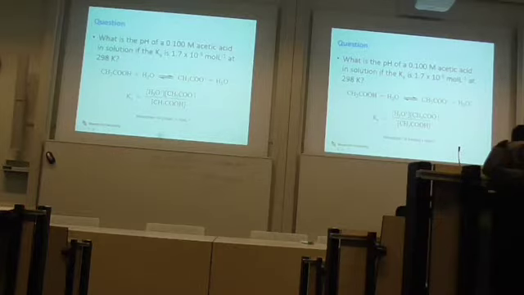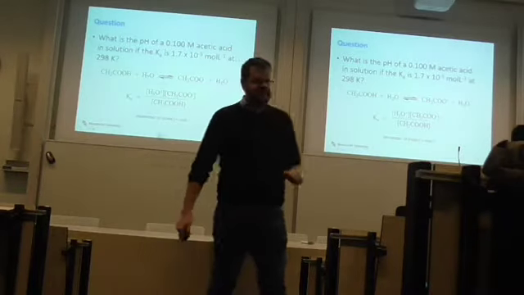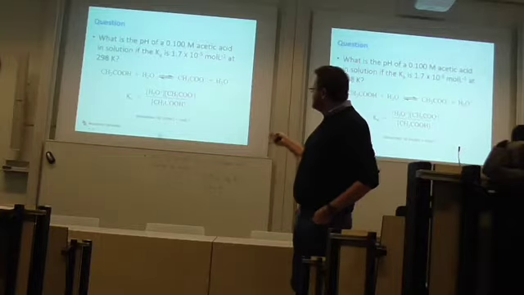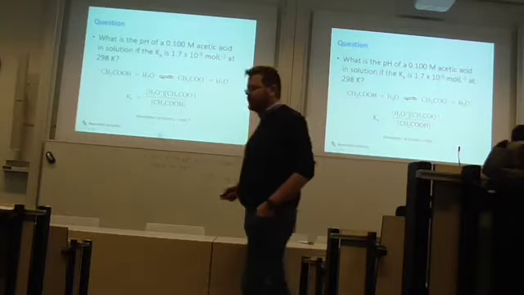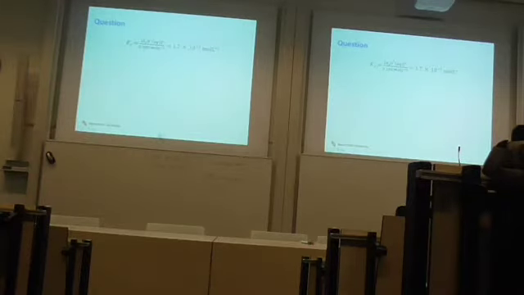Now, we fudge things a bit and say the concentration of the acetic acid is going to be approximately 0.1. And so you get this expression here. Remember, we want to get the pH.